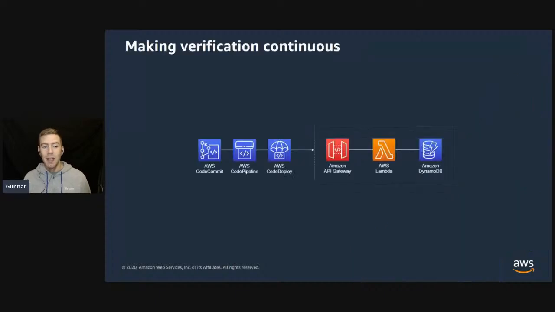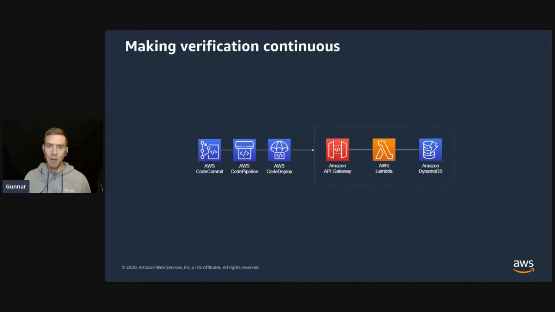All right. So with the same simple web service we had before, we're now adding on our delivery pipeline. In this case, we have AWS CodeCommit, CodePipeline, and CodeDeploy. That's a fairly standard way of delivering code into our serverless applications. But you could, of course, use any type of CI/CD platform for this.